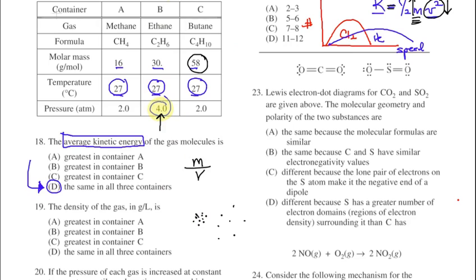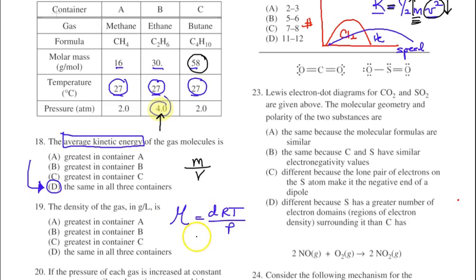Now, for those that were studying manipulations of the ideal gas law, you should remember that we can derive, I always have my students remember dirt over P, molecular mass is equal to dirt over P, and that's density.